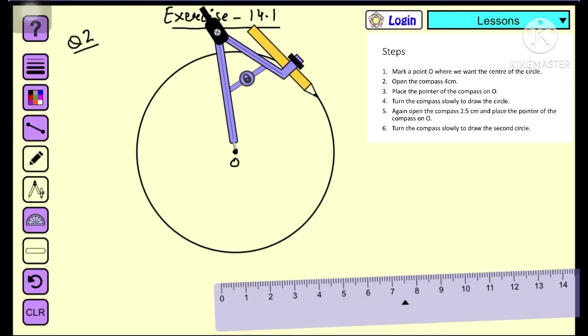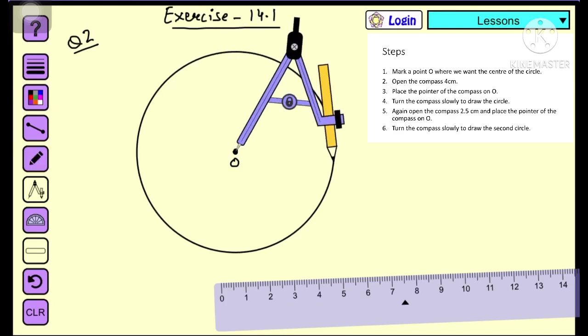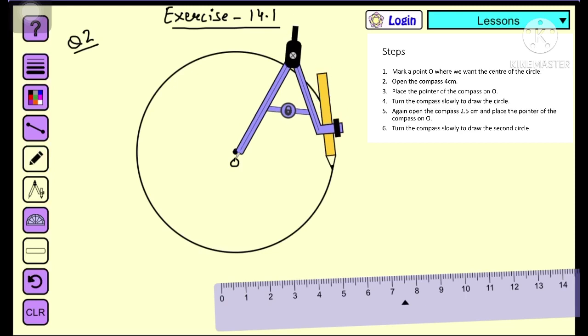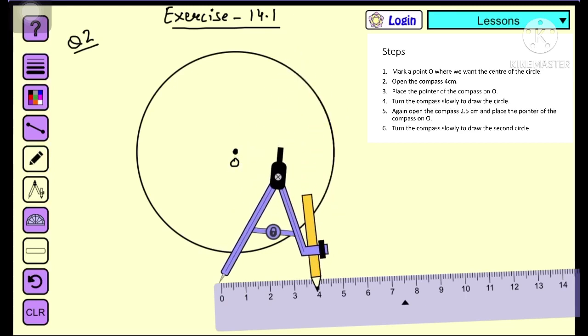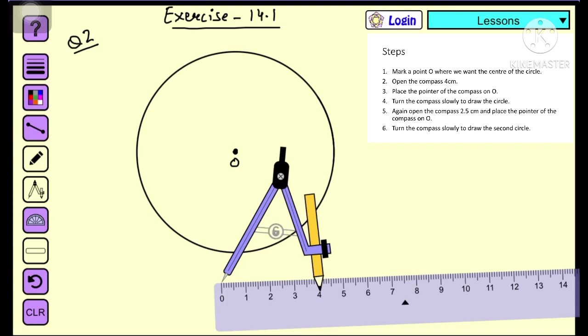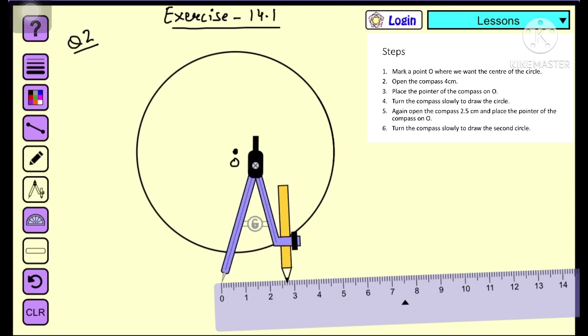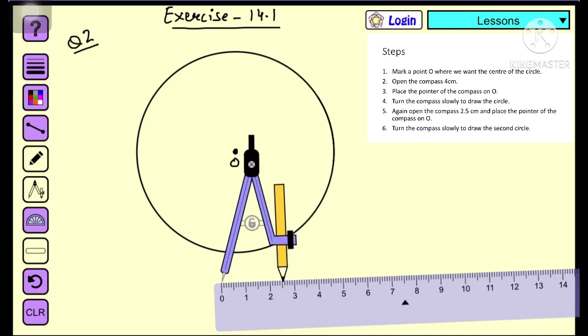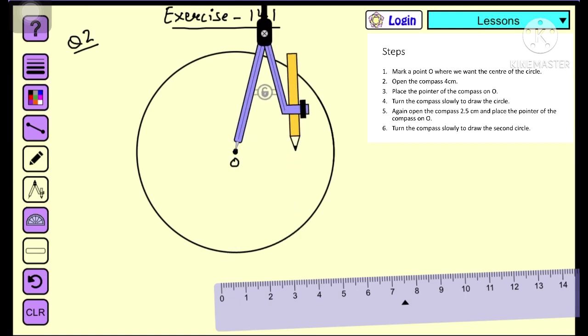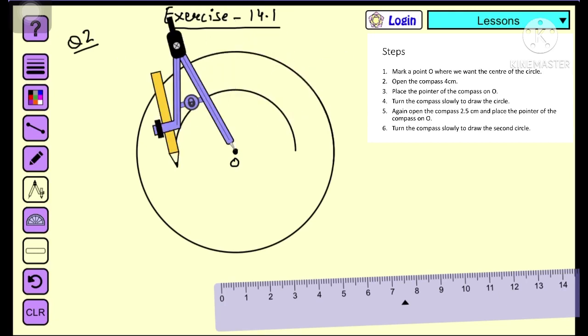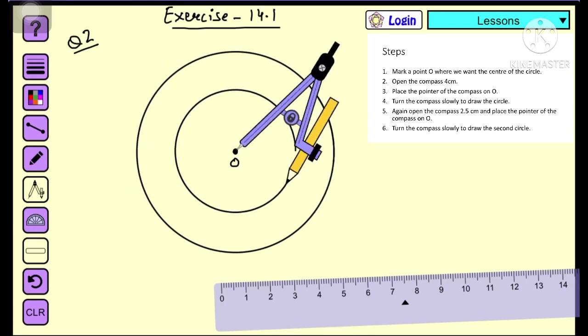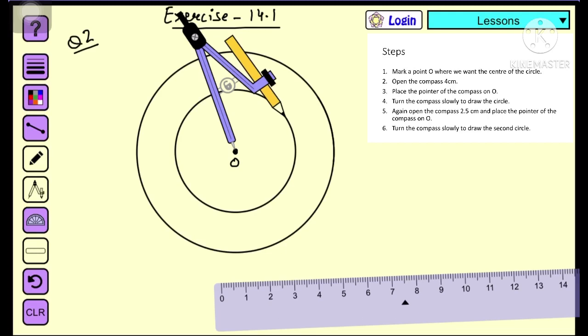In the fifth step, you again measure the radius, and this time measure 2.5 centimeter, because the second circle we have to draw is of radius 2.5 centimeter. Again repeat the previous step: put the pointer on O and rotate it slowly to draw the circle.